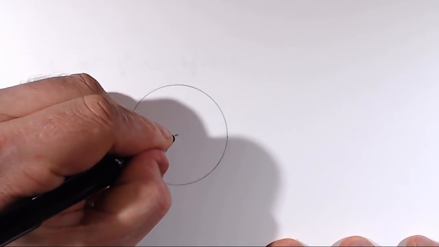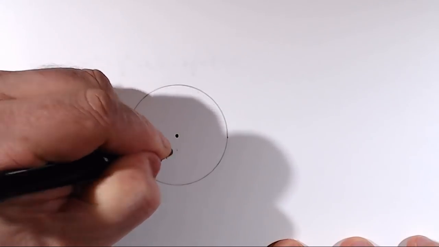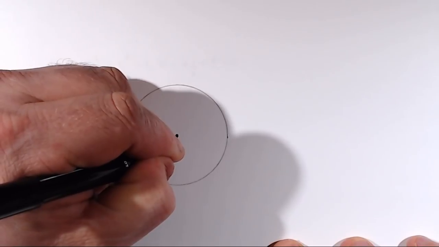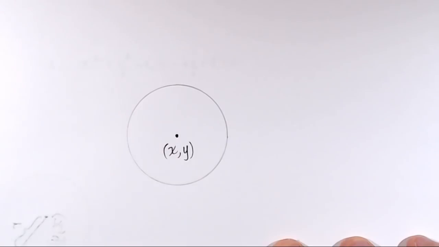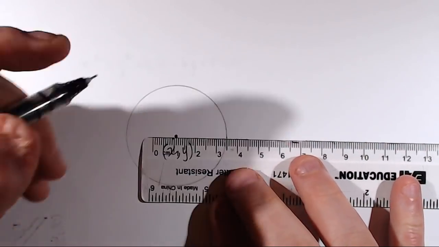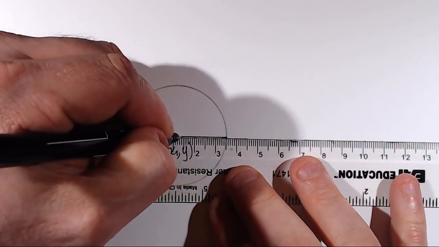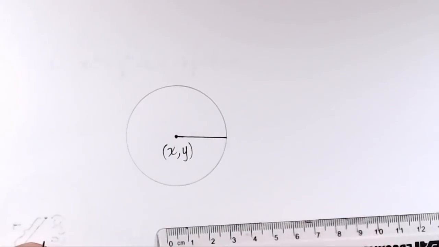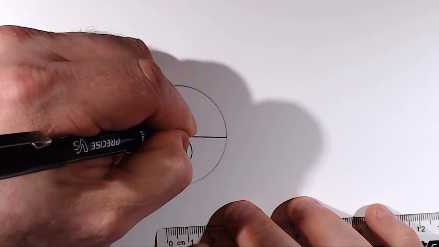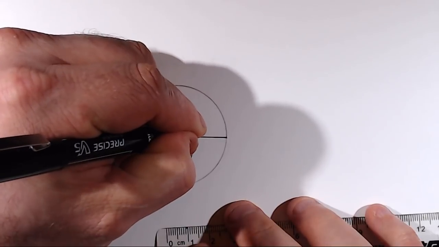So the two principal characteristics of a circle are its center point, which comes along with a coordinate set x comma y, and then that distance from the center of the circle to the edge or perimeter of the circle, that distance is called the radius.